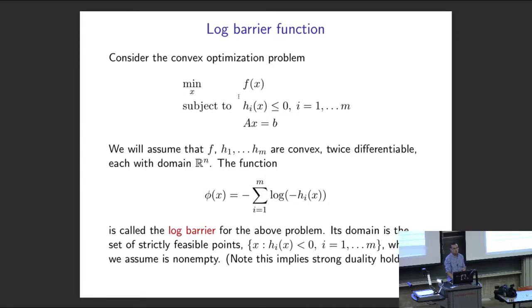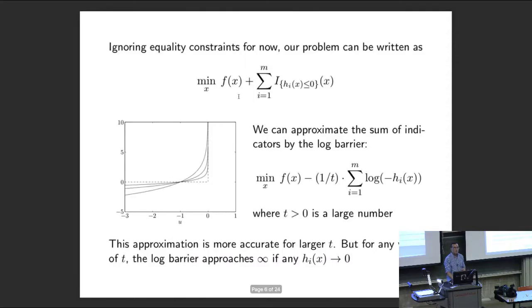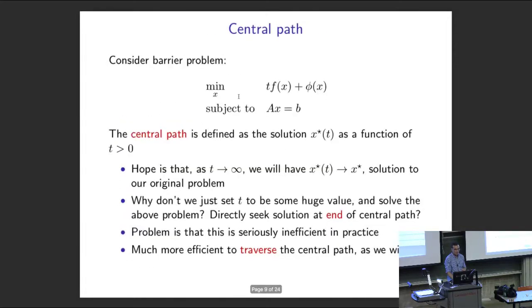So we don't really know how to measure how far we are from optimality having solved the central path. Solutions of this are feasible for the original problem by definition, since the barrier function is only defined on the feasible set. But we don't know yet what a dual feasible point would be for the original problem.